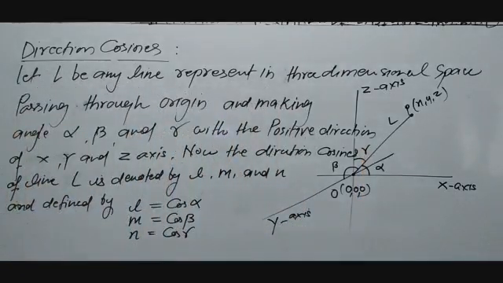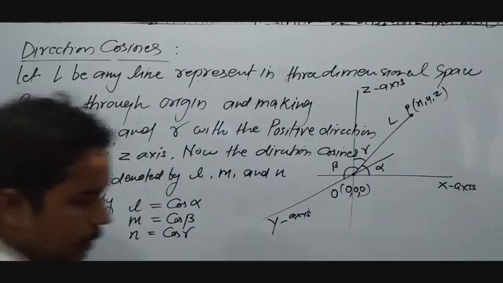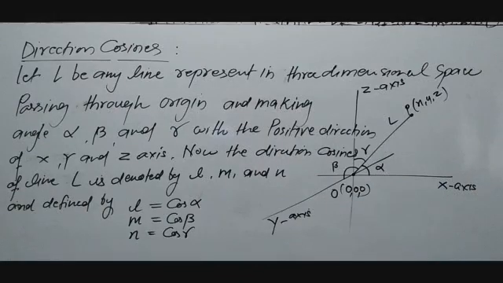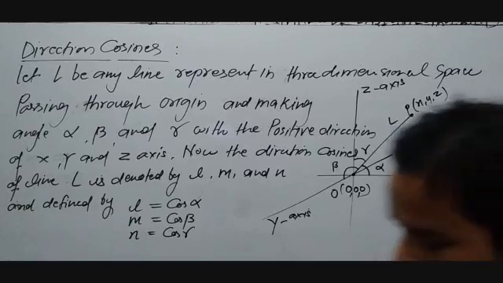This is the angle. Now direction cosine is denoted by l, m and n, and it can be defined by l is equal to cos alpha, m is equal to cos beta and n is equal to cos gamma.